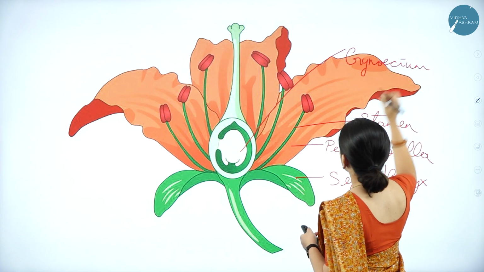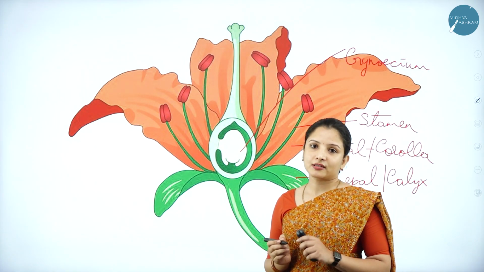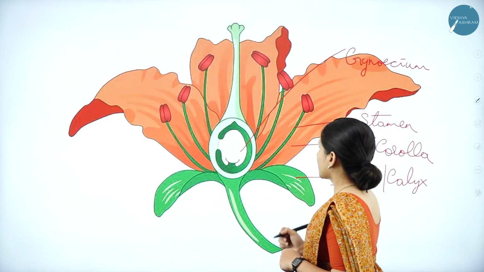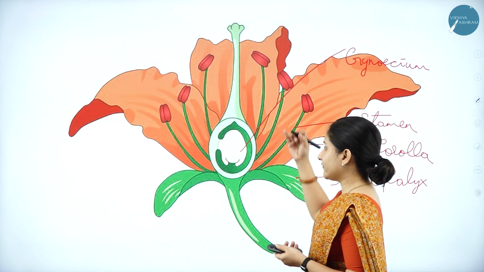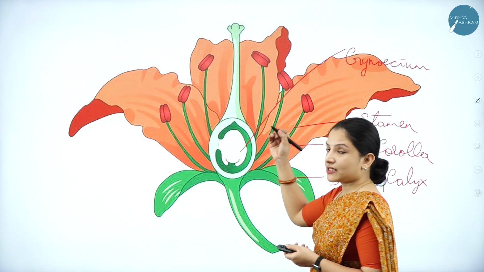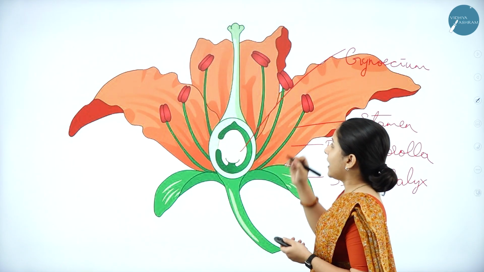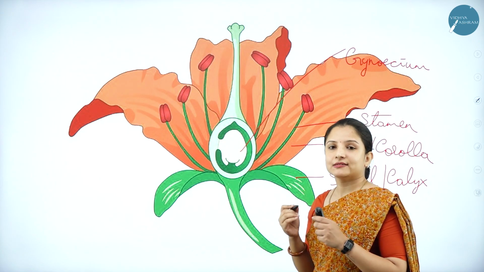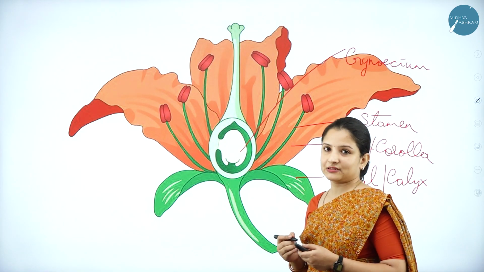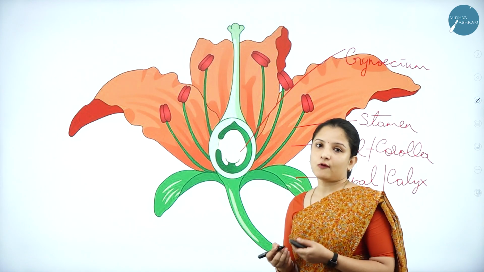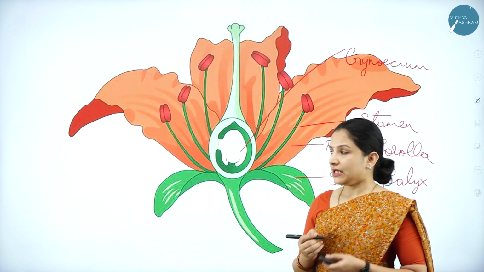The gynoecium is the female reproductive part of the flower. In spite of the flower having all these structures, it is the male reproductive part, the stamens, and the female reproductive part, the gynoecium or the pistil, that are mainly involved in the reproduction events.